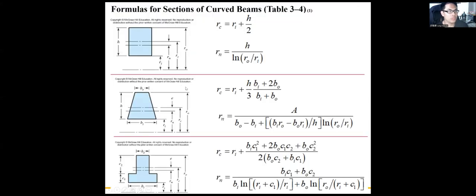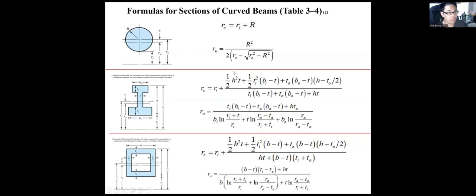Also, for the formulas for sections of curved beams, you can check your textbook or a handbook for the different cross sections, and we can use this table to figure out what Rc is and where Rn is for the different cross sections. Okay, so today's course will end here. If you have any questions, just feel free to email me.